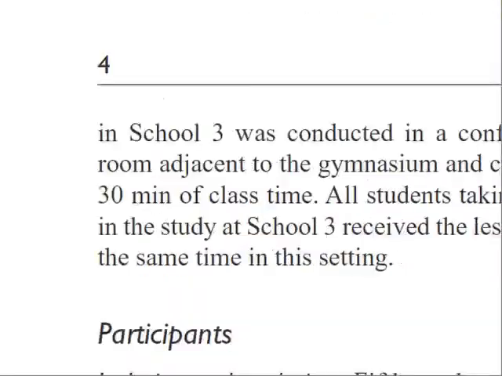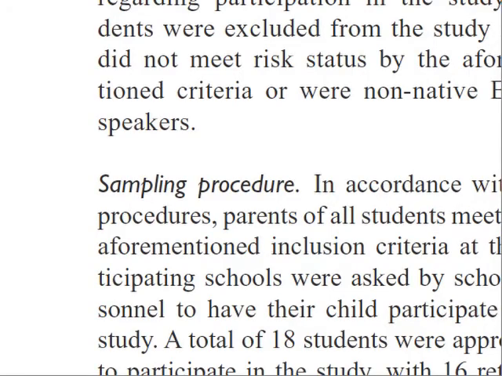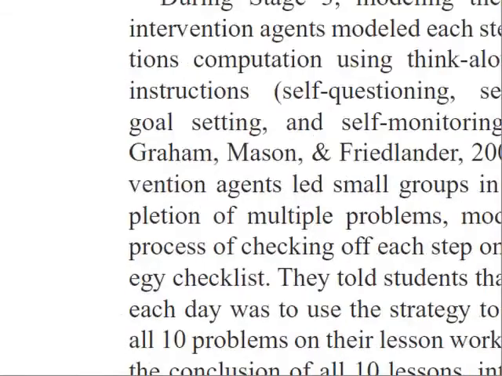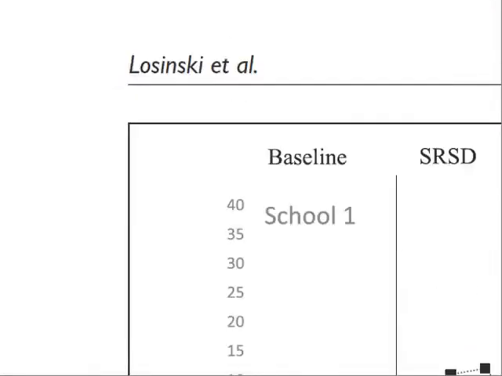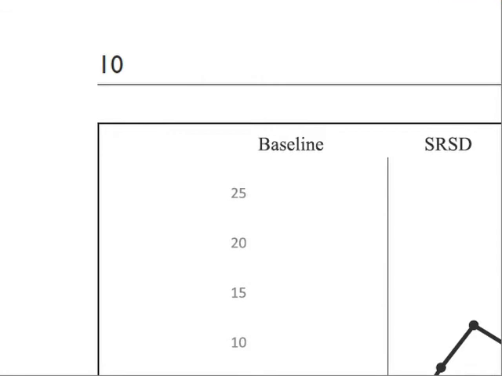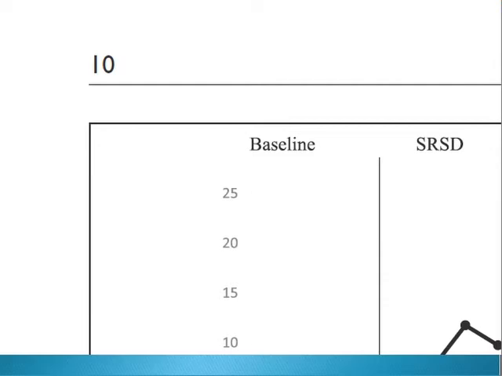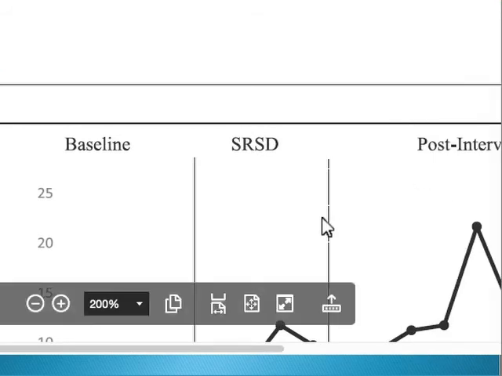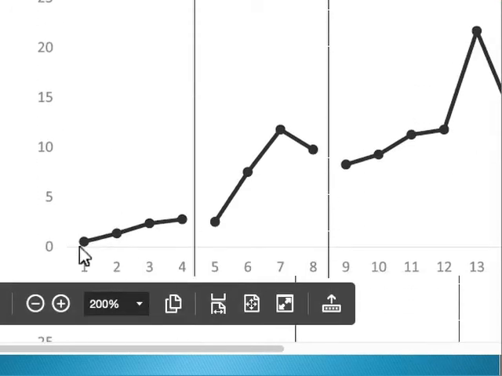So an example of a single case design results would look like this, where we would see a graph, and over a certain number of days or a certain number of observation periods, this is the baseline phase.